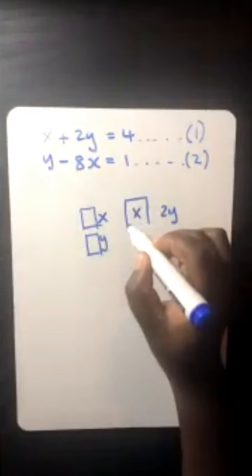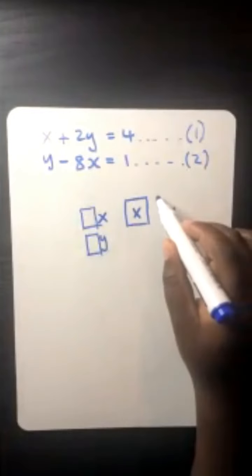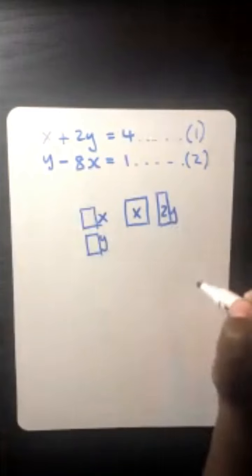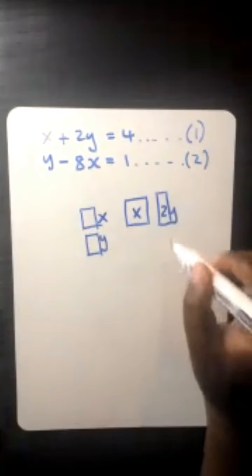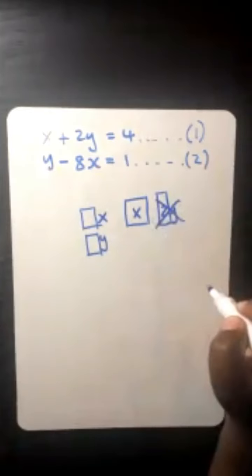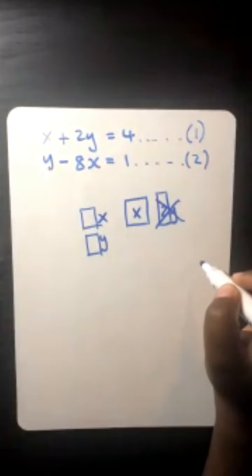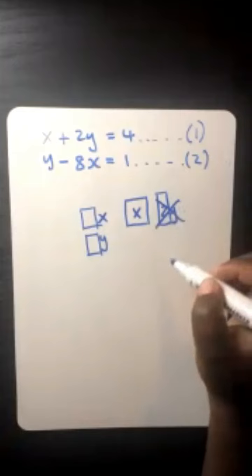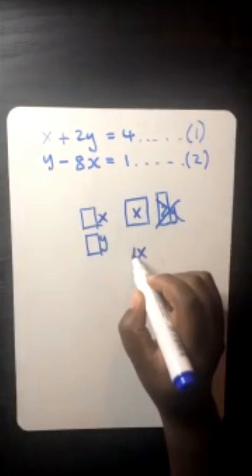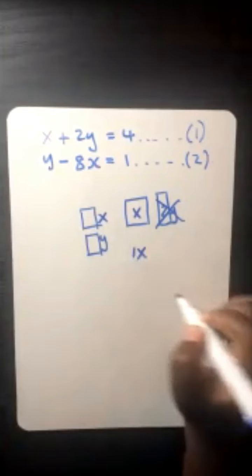When I say you just want an x, I'm referring to this one. You don't want a letter attached to a number bigger than 1. You just want the letter which has an invisible 1.